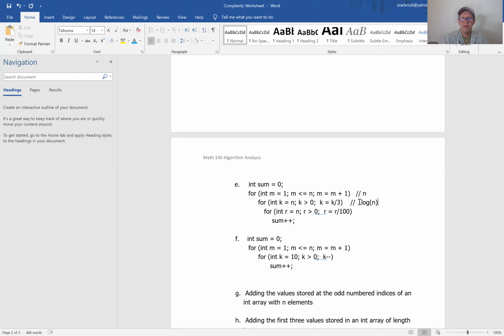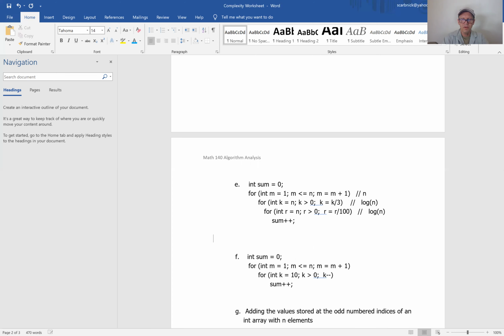Here we have log of n. And there we have log of n. We just multiply them together. So the answer is order n, and then log n, with the superscript.